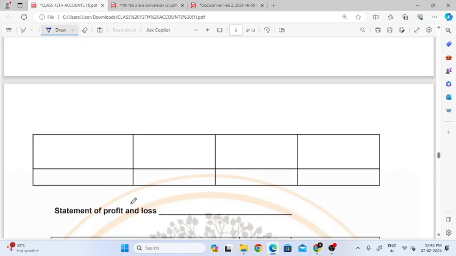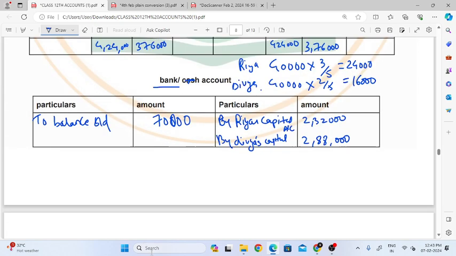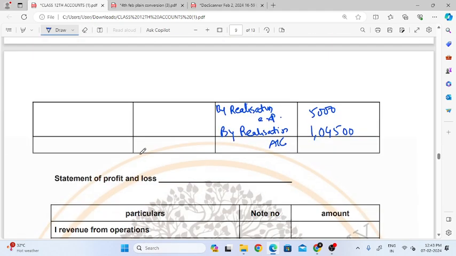Realization expenses, no? So by realization expenses, 5,000. Then creditors by realization account 1,04,500. Okay, and the balance we got is 70,000.